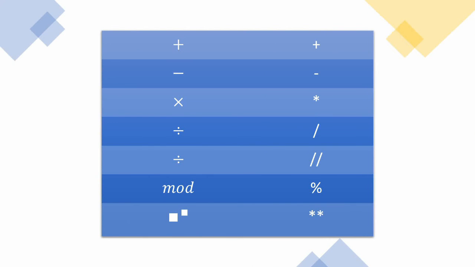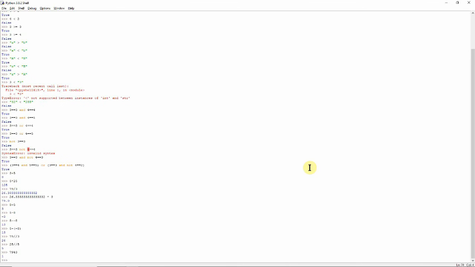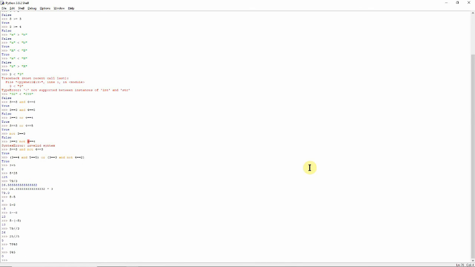Mod is going to look at the remainder. So we take our 79 example again, use percentage sign, and it's just going to look at the remainder, which in this case is going to be 1, so it'll be 1/3. And if you divide something that's perfectly divisible by something else, say 5 mod 5, it would be 0.